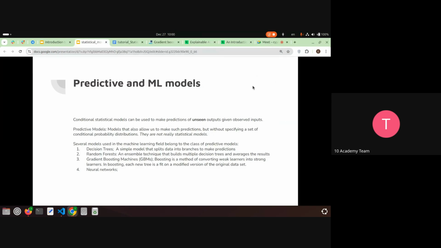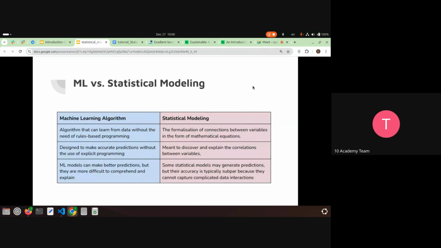This is something I already talked about, but let's compare statistical modeling and machine learning side by side. They are not completely distinct from each other; there is overlap. But statistical modeling is a mathematical formulation, while machine learning algorithms learn from the data without needing explicit programming instructions.